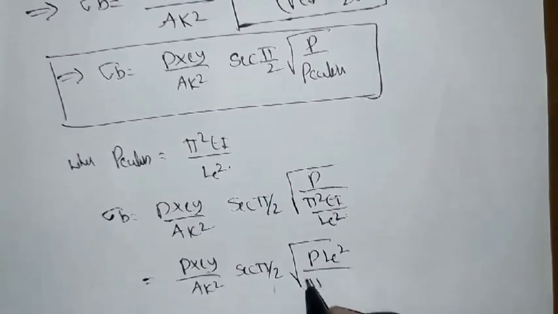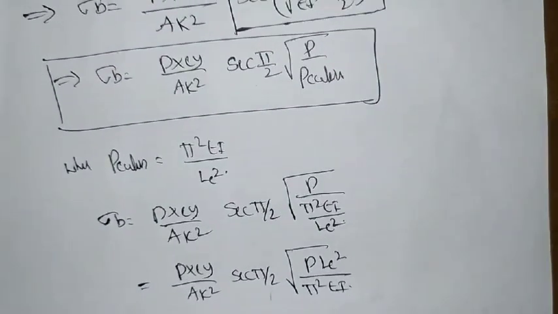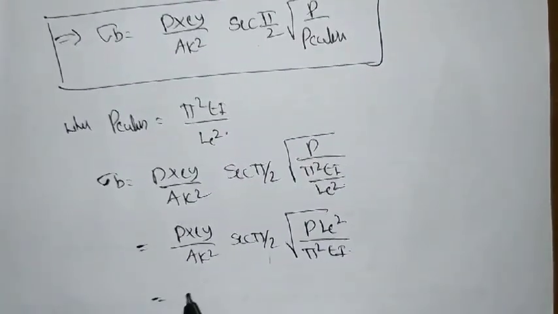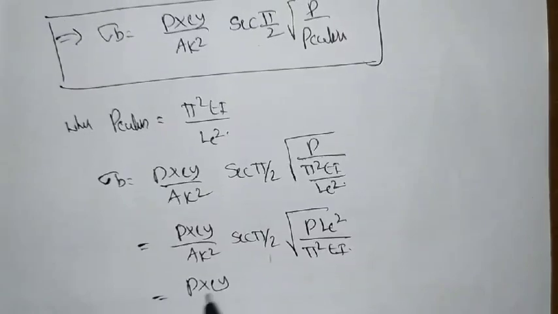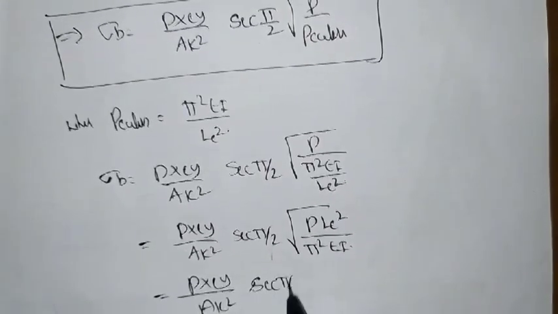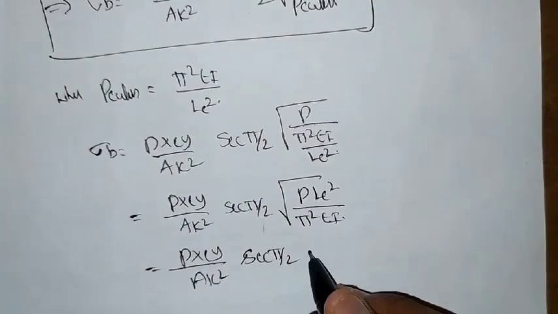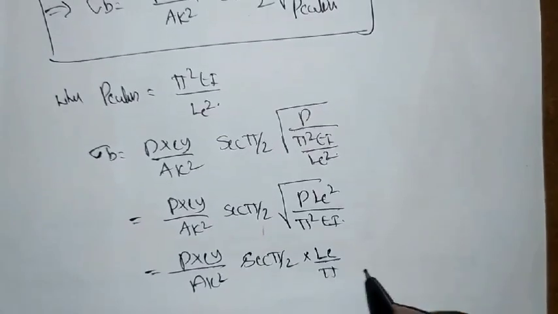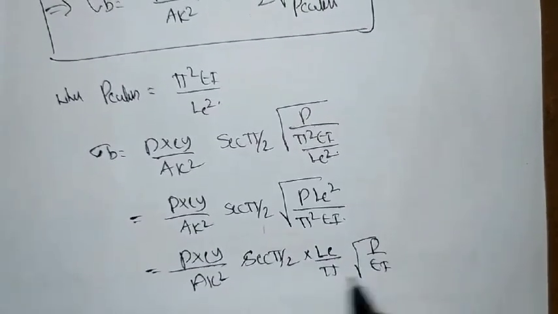So this equation can be written as P e y by A k square into secant pi by 2 into root of P Le square by pi square EI. If we take Le and pi outside, the squares get cancelled, and the term becomes Le by pi into root of P by EI.